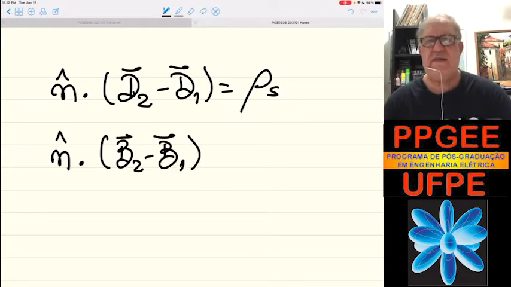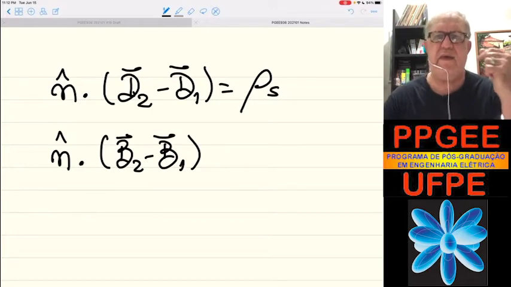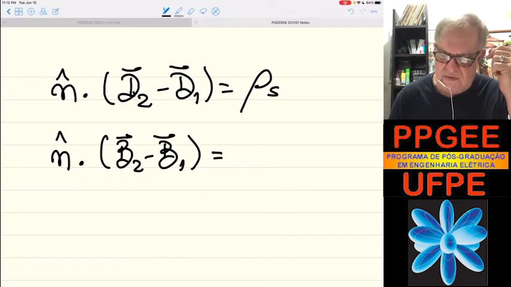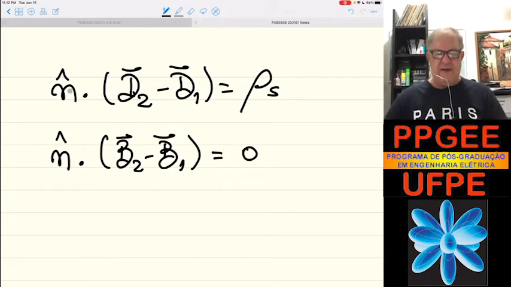equals the magnetic charge density on the surface, which equals 0. So we have this boundary condition involving B normal: there's a discontinuity in normal D equal to rho_S, and continuity of normal B at a boundary between two arbitrary media.